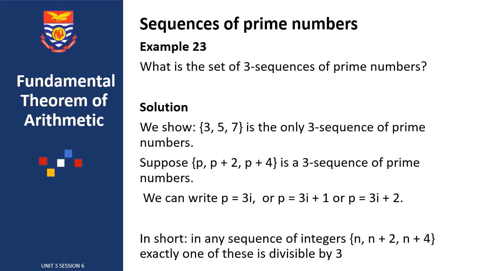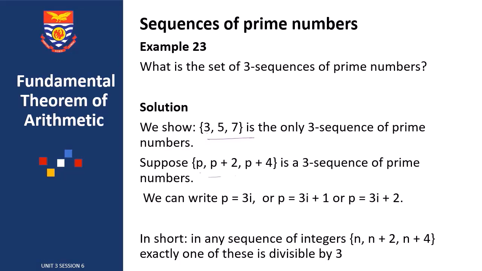Sequence of prime numbers. What is the set of three sequence of prime numbers? We show that 3, 5, 7 is the only such sequence of three primes, and that is true. Suppose p, p plus 2, p plus 4 is a sequence of three prime numbers. From 3 we add 2 to get 5, add 4 to get 7.